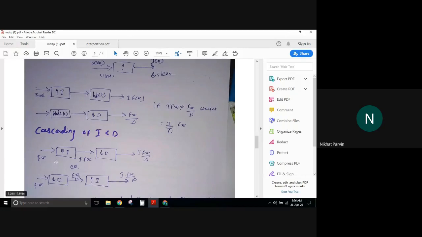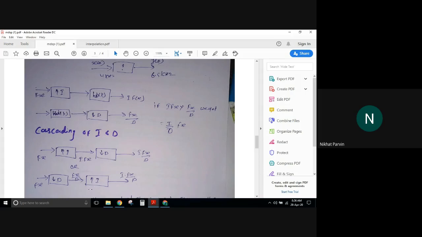Now what you do in the second case, you use your downsampling first. We know that when you do the downsampling, the input passes through the downsampler and you get that sample rate divided by the decimation factor, fx by D. Then this fx by D acts as input to the interpolation.